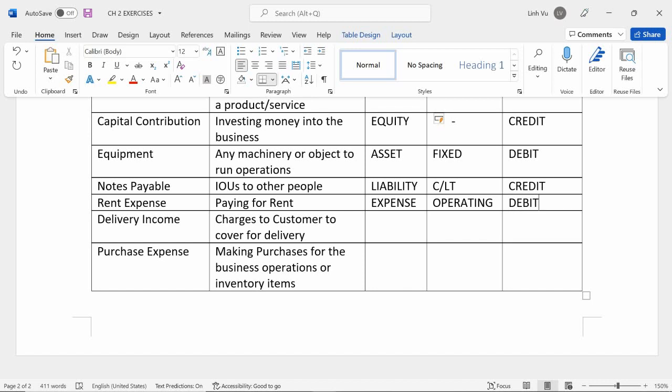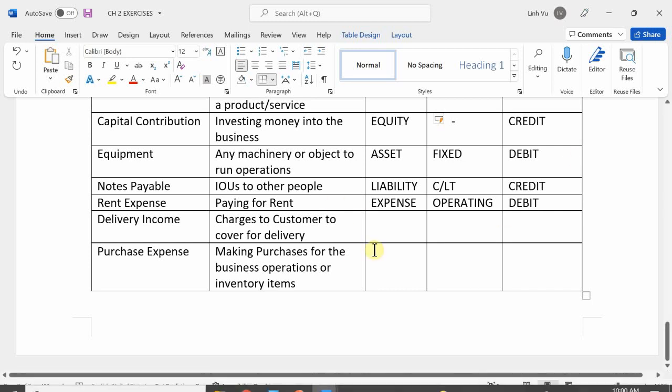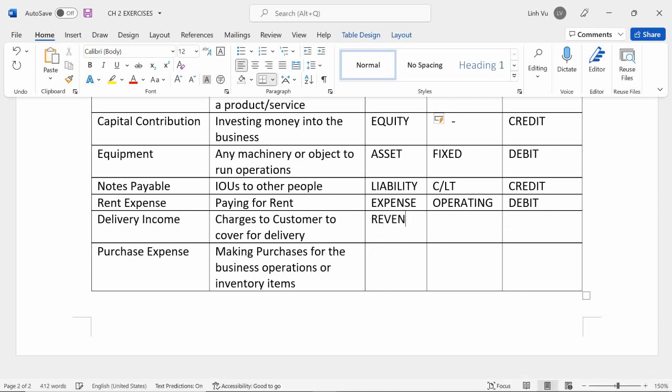What about delivery income? When you charge your customers to cover delivery. Asset. No, it's not an asset. You don't own anything here. Revenue. Expense? Revenue. Good. What kind of revenue? Current. There's no such thing as a current revenue.